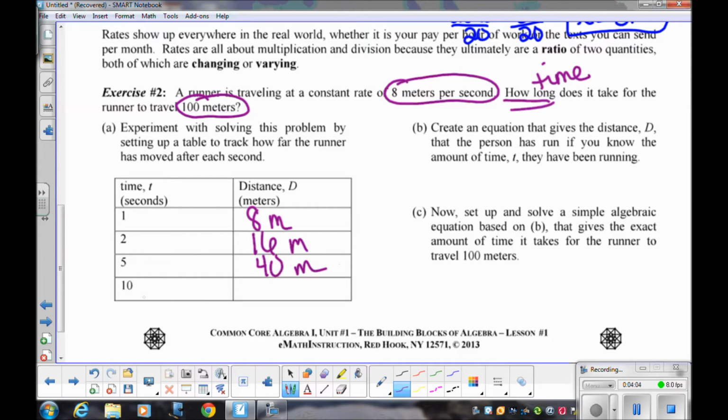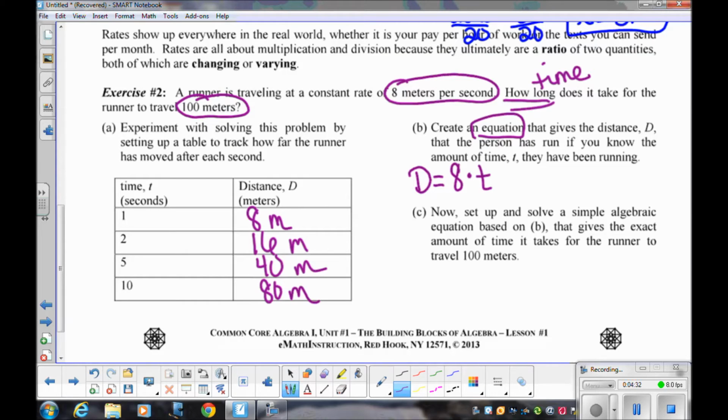And then 10, we are at 10 times 8, which gets to 80 meters.